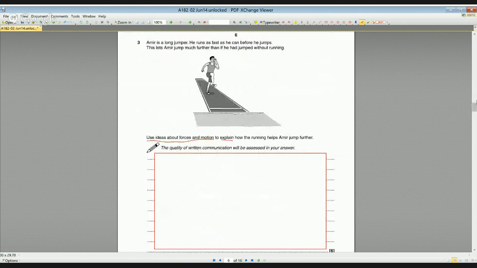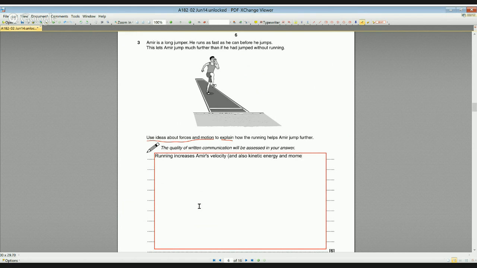Okay, back to Amir and his long jumping. So we need to use ideas about forces and motion to explain how the running helps Amir to jump further. Well, the first thing we need to say is that running increases Amir's velocity and also kinetic energy and momentum.